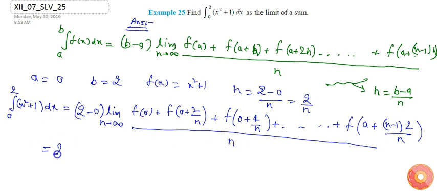So from here I can write 2 multiplied by the limit.